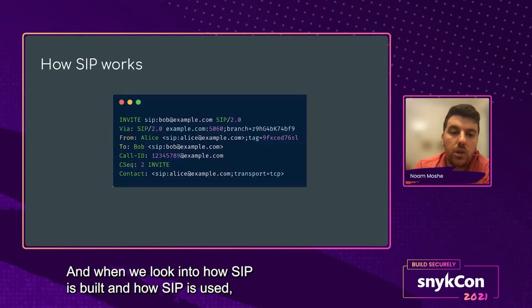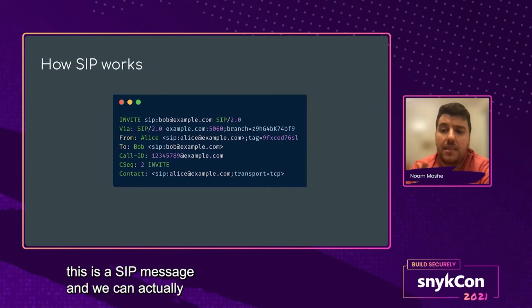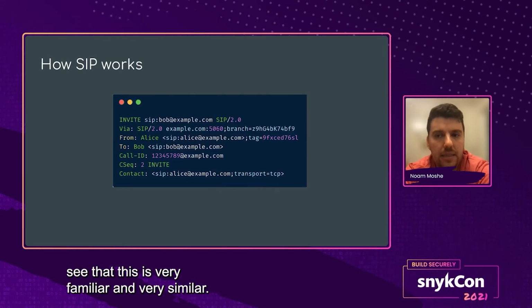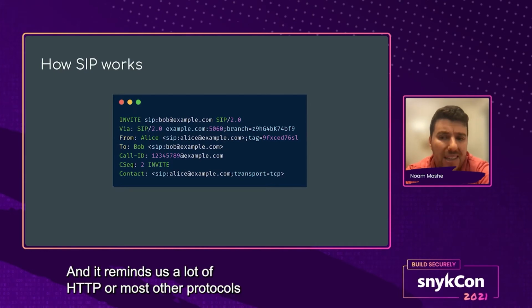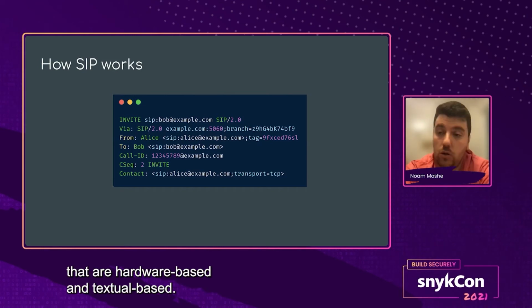When we look into how SIP is built and used, this is a SIP message. We can see that it is very familiar and similar. It reminds us a lot of HTTP or most other protocols that are header-based and text-based.